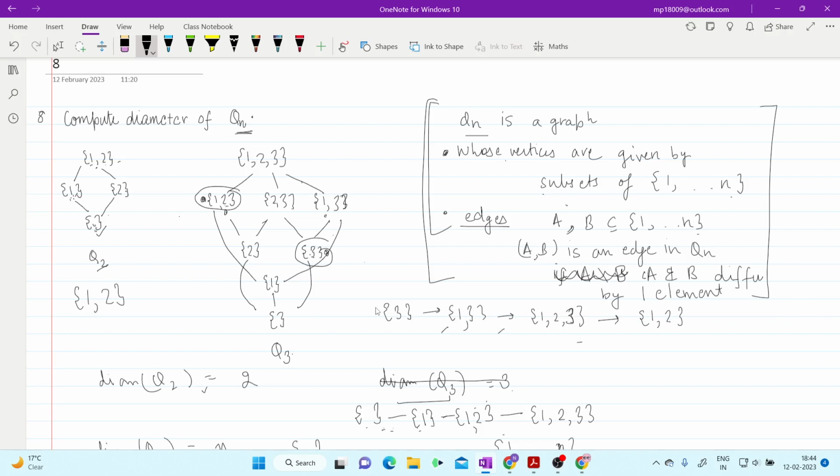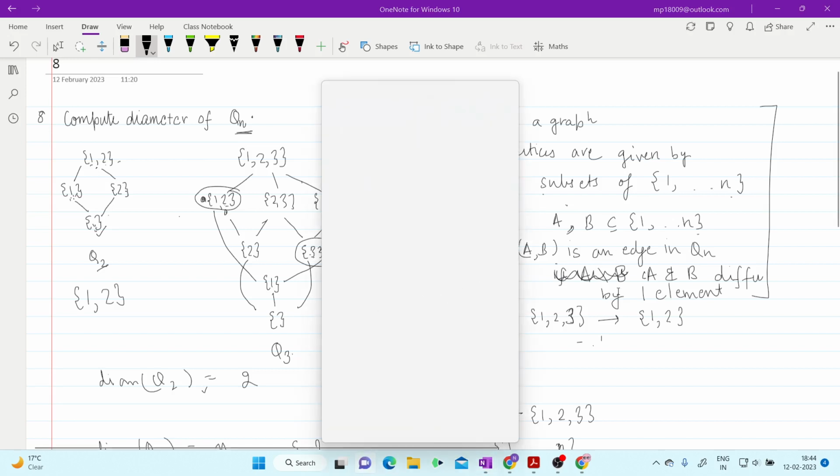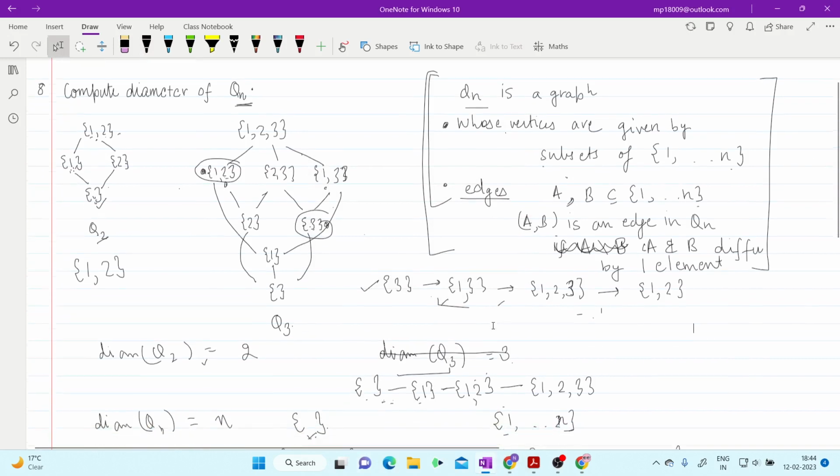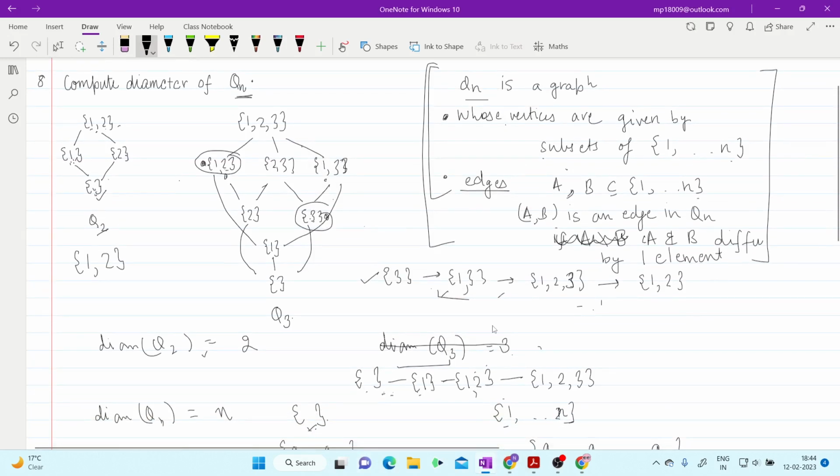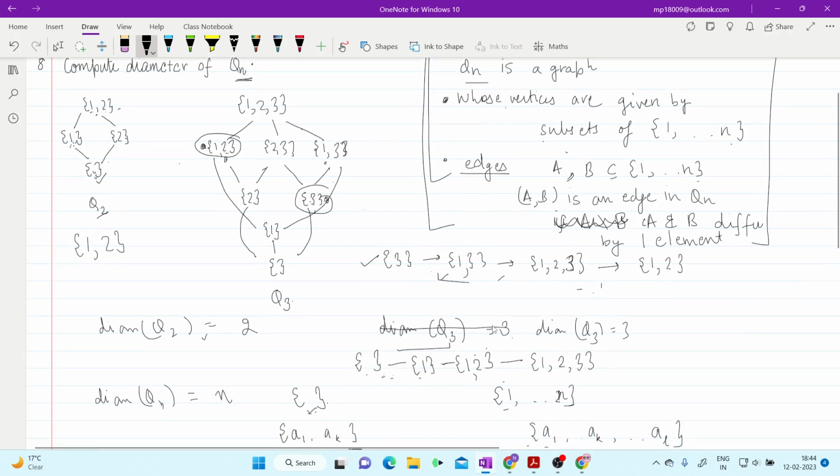Okay, but this is also coming out to be a path of length 3, so this is fine. But I'm just saying that we also have to consider these kinds of cases, when one set is not a subset of the other.